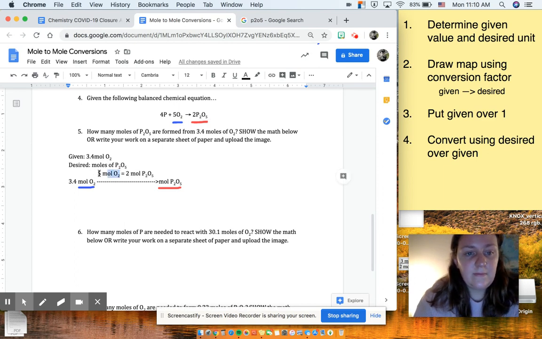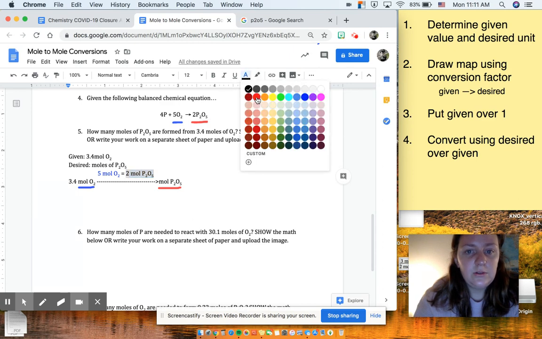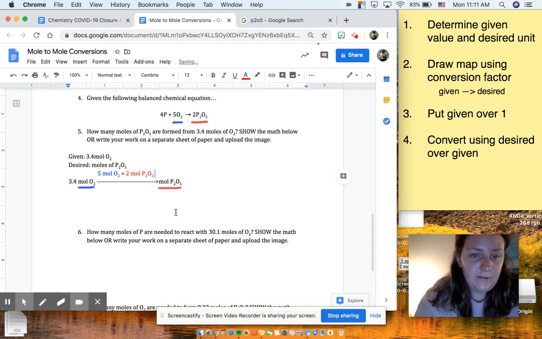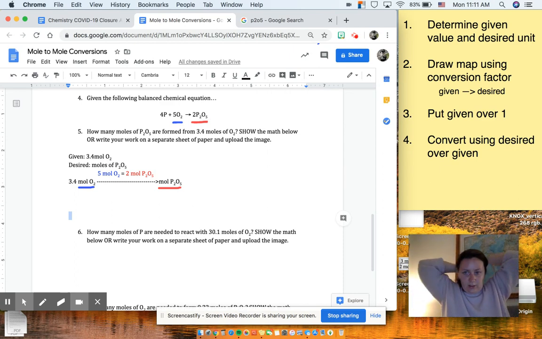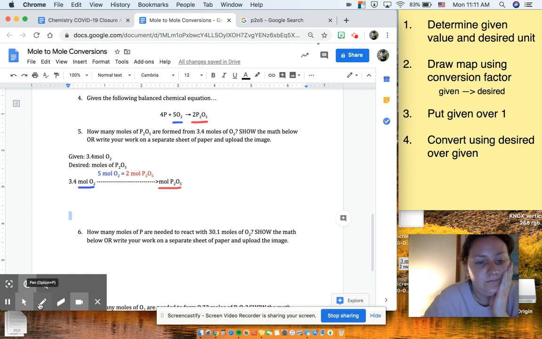I'm going to color code here again, because why not? Ooh, that's impossible to see, isn't it? Let's do the text color instead. 5 mole O2 equals 2 mole P2O5. Okay. Now we are ready to solve.